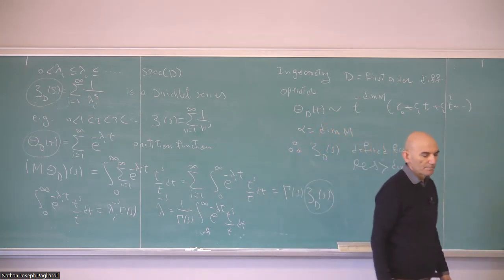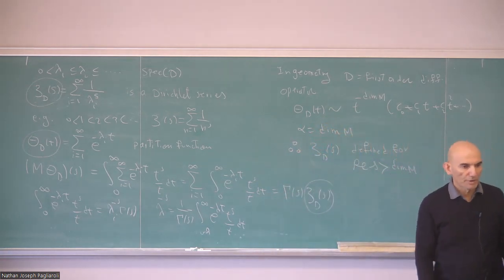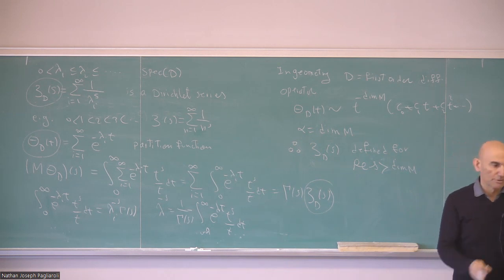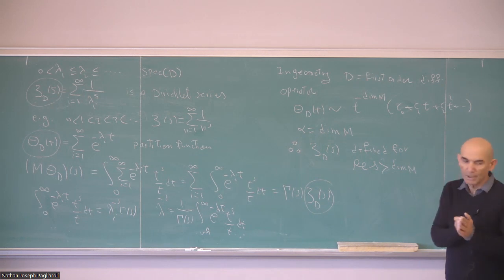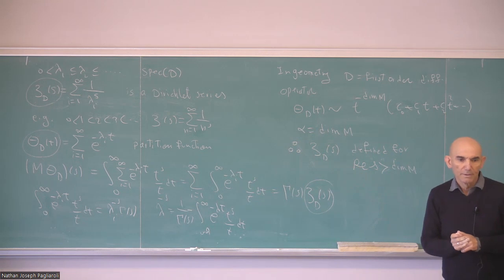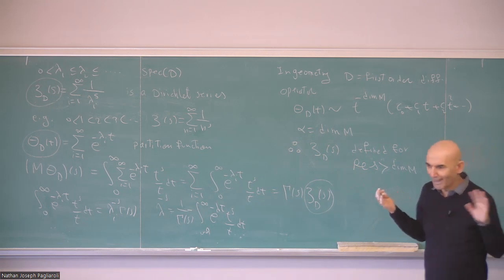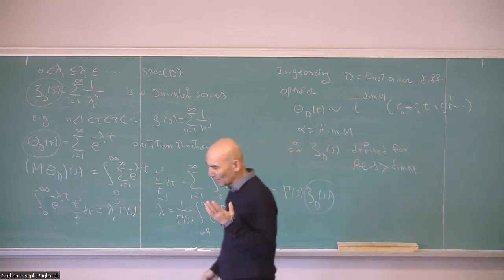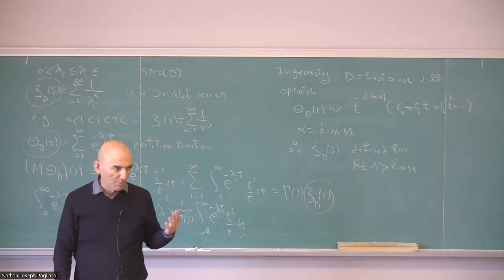So in other words, you can have situations where this spectral zeta function is not necessarily defined on real part of s bigger than 1. It can be defined on real part of s bigger than some bigger number, which is the dimension of the manifold. You don't see this now, but I'm just giving you some hint.